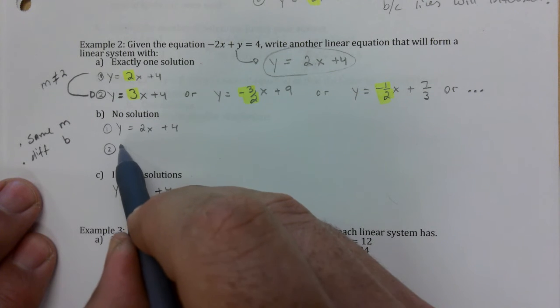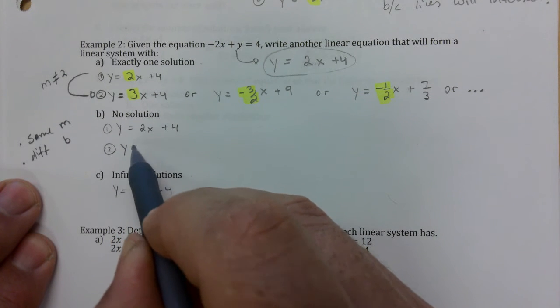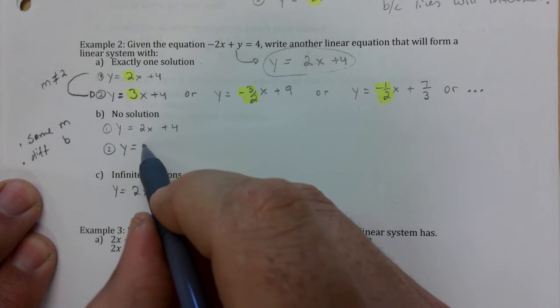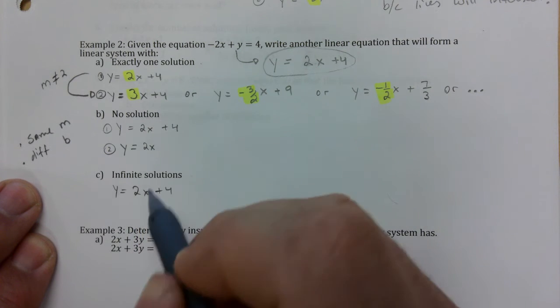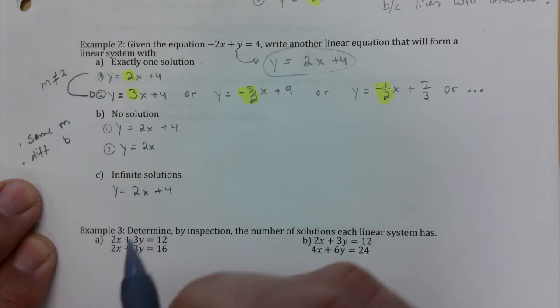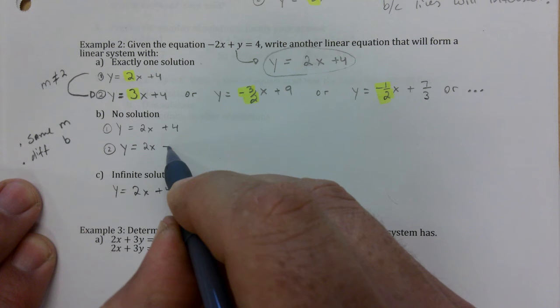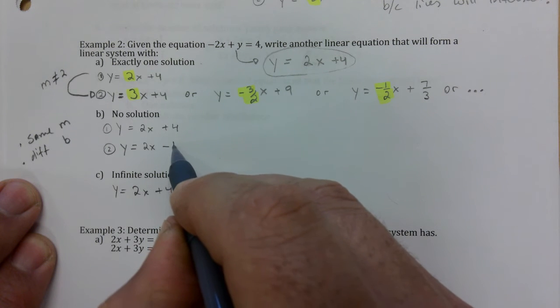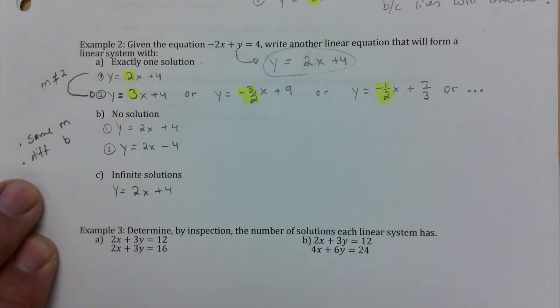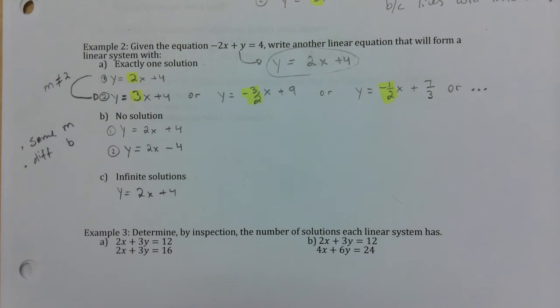So we're going to go y is equal to same slope. So there you have no choice but to use the same slope, but we're going to go minus 4. How's that? That is a different y-intercept, my bad. And so we're going to keep that like that. What am I going to add here?